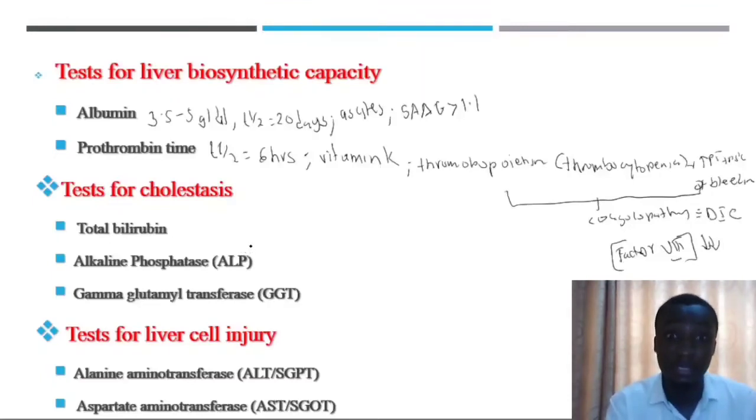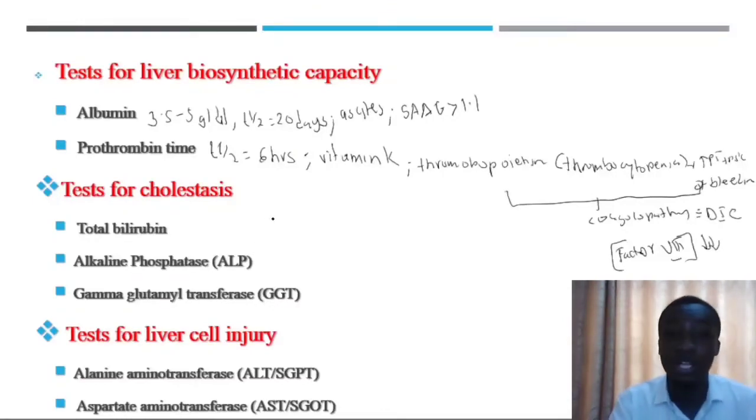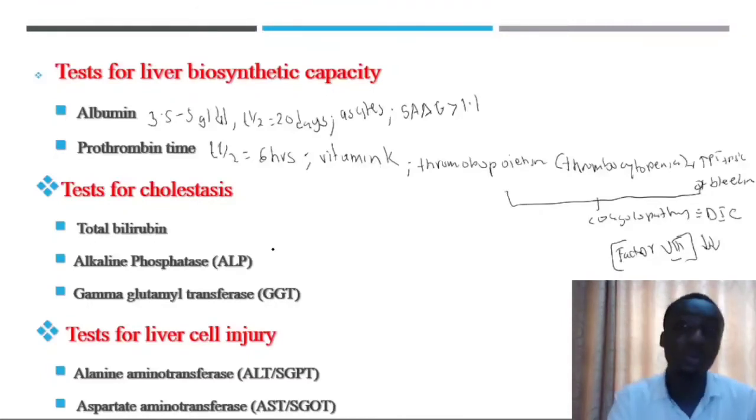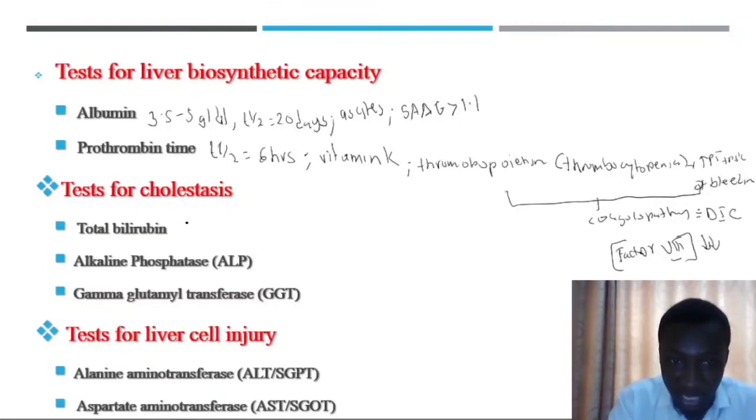Usually it causes jaundice. So you also want to know if the condition the patient is presenting with is actually jaundice or carotenemia, because carotenemia also presents with yellowish discoloration of the extremities. So how would you know whether it is jaundice or carotenemia? Jaundice is caused by excessive accumulation of bilirubin, and bilirubin has a very high affinity for elastic tissues.